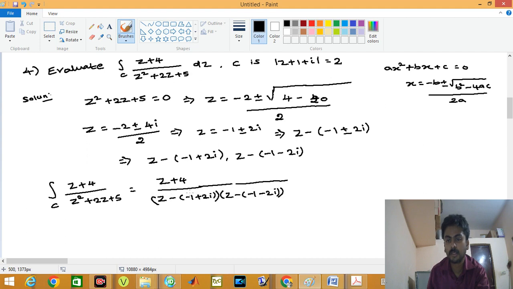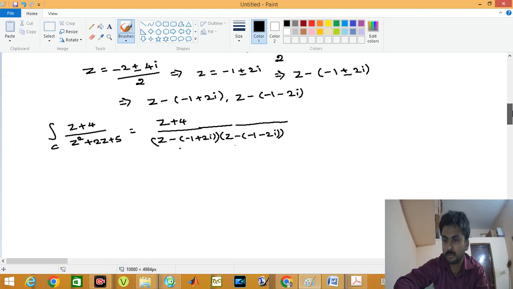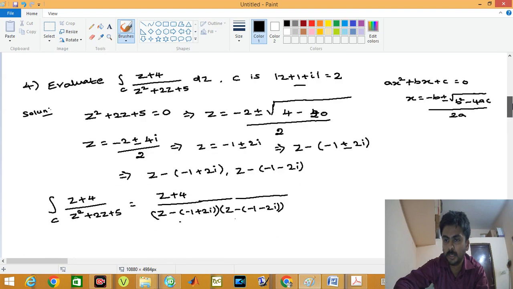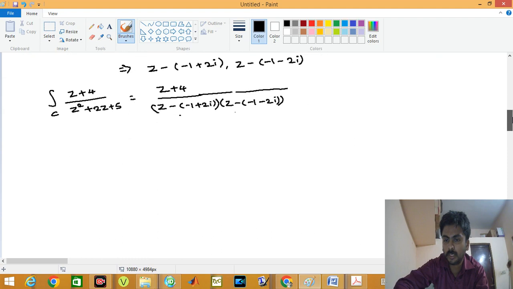But we have to check whether both these two points are lying inside the given circle, or whether at least one of the points is lying outside. For that we want to check the curve equation also.